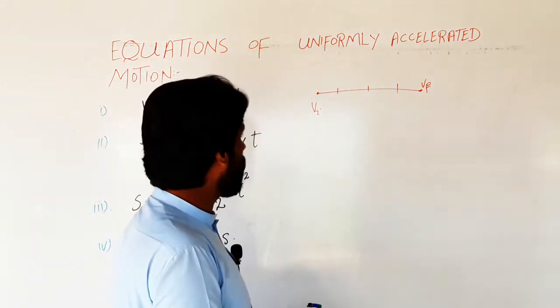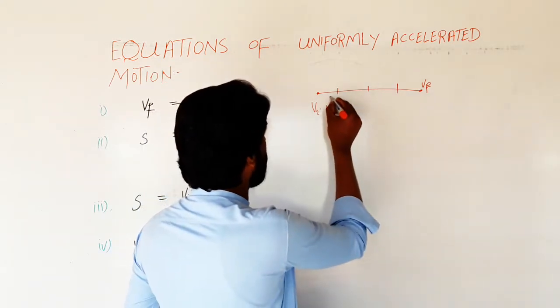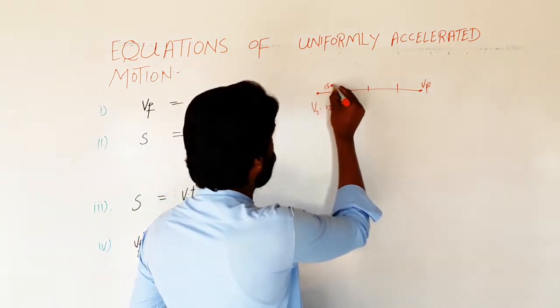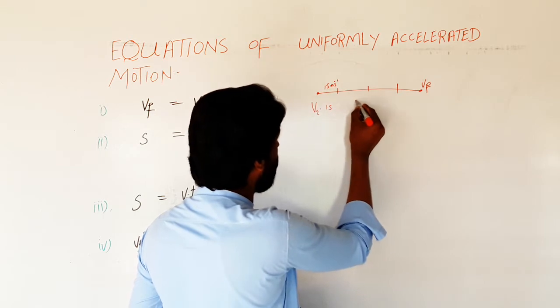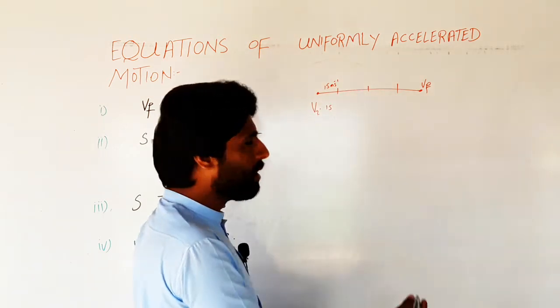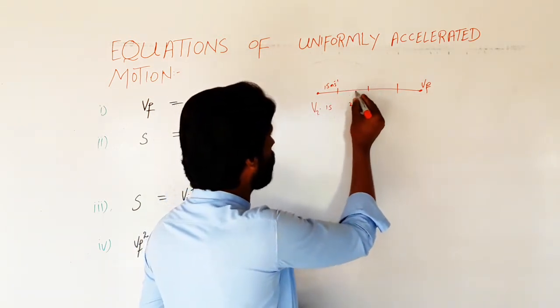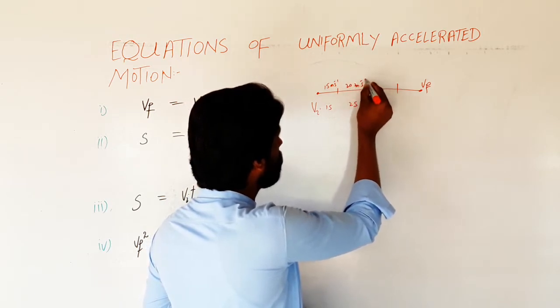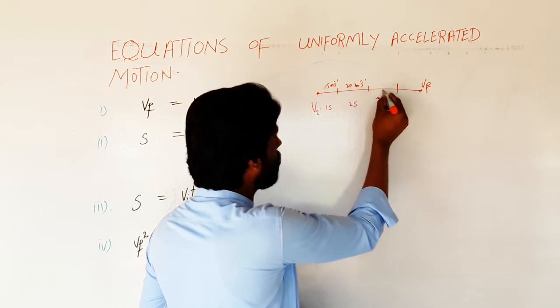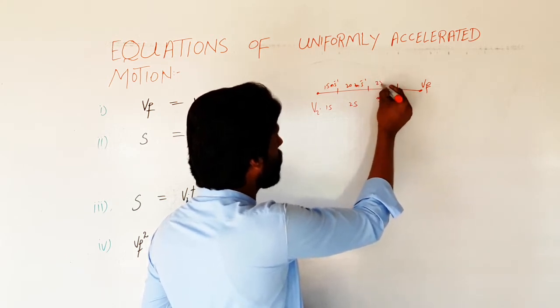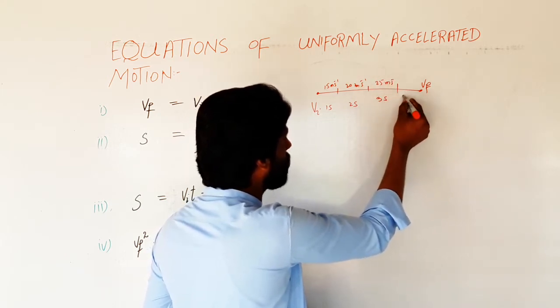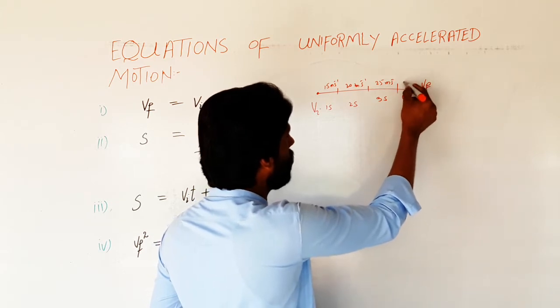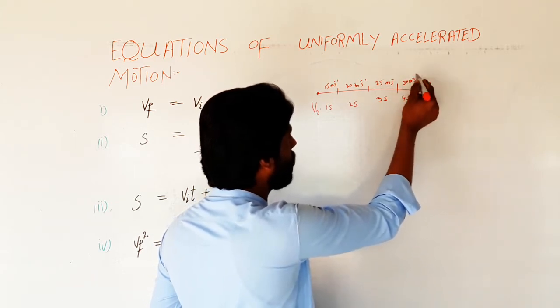When an object is moving in 1 second with 15 meter per second, and at the next 1 second, total time 2 seconds, it reaches 20 meter per second, and the next 1 second it reaches 25 meter per second, and the next 1 second velocity reaches 30 meter per second.